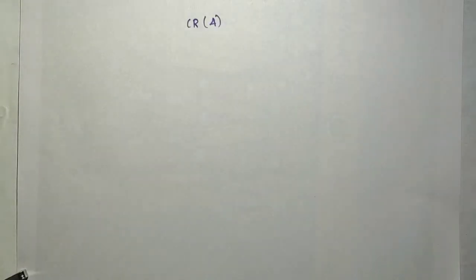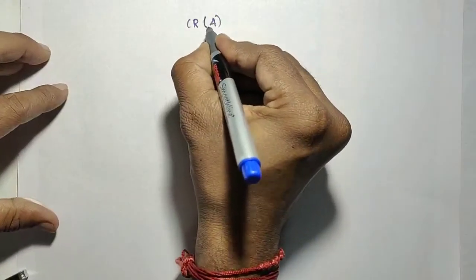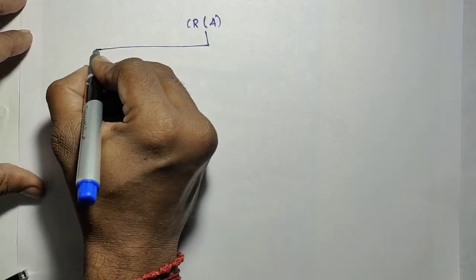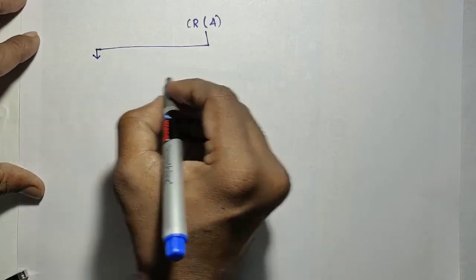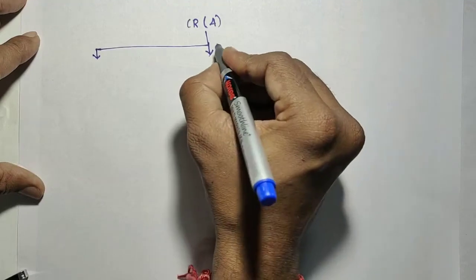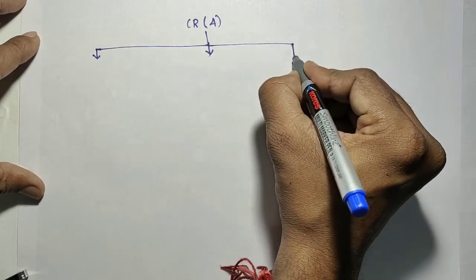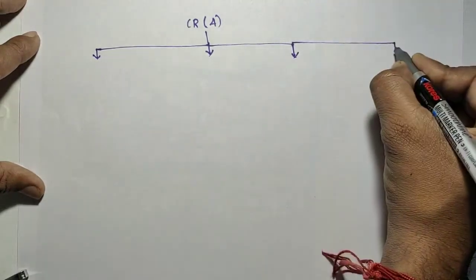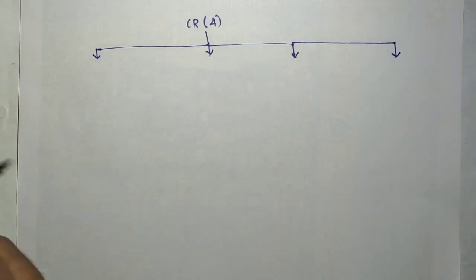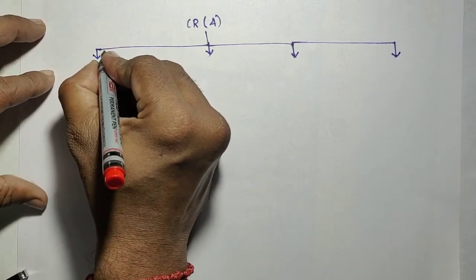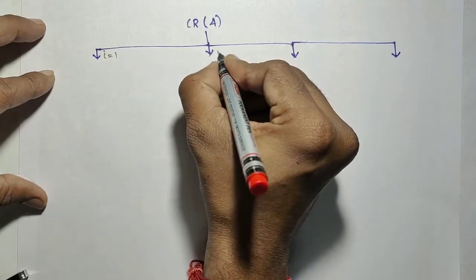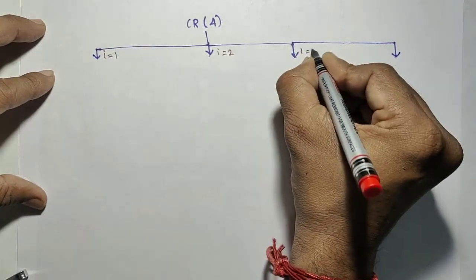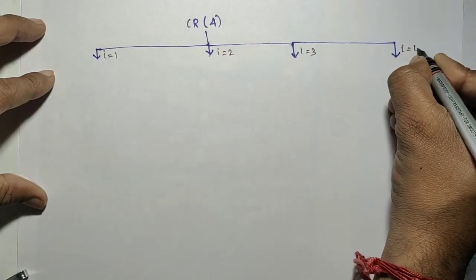So when n equals 4, there are 4 cases: i equal to 1, i equal to 2, i equal to 3, and i equal to 4.